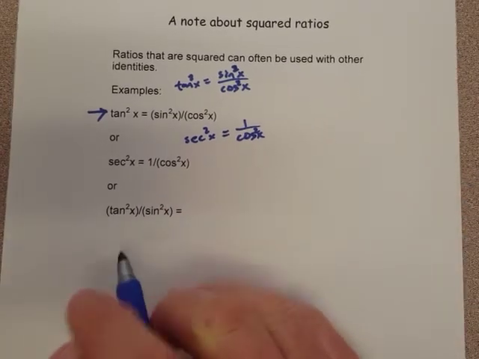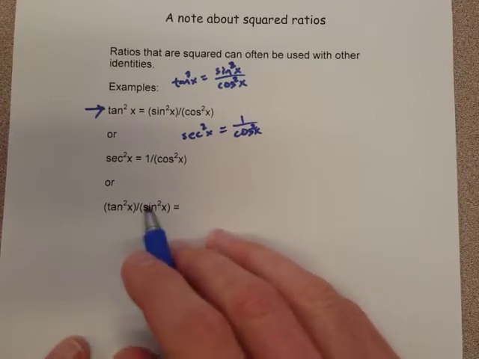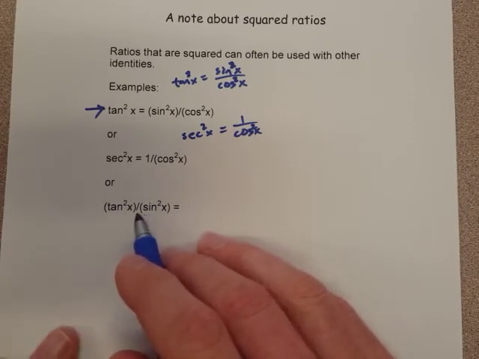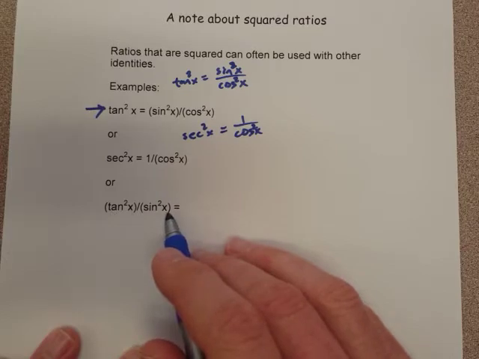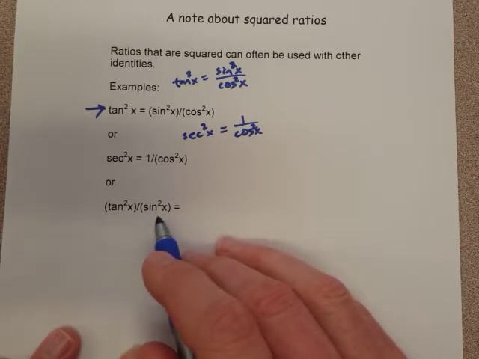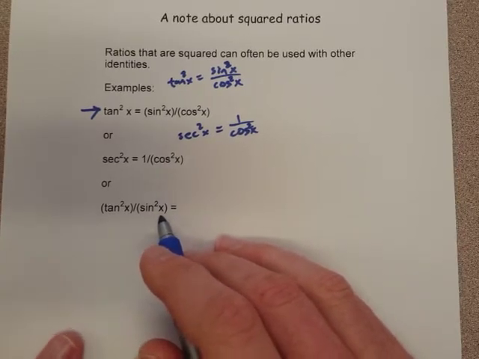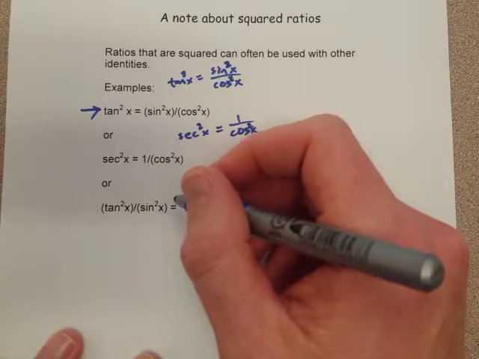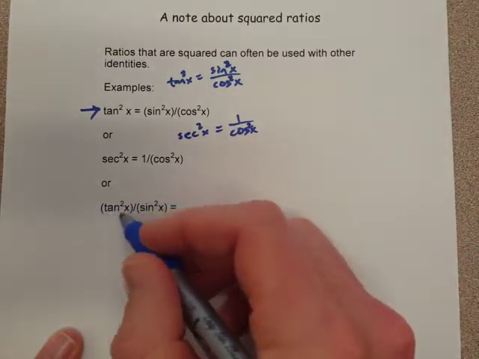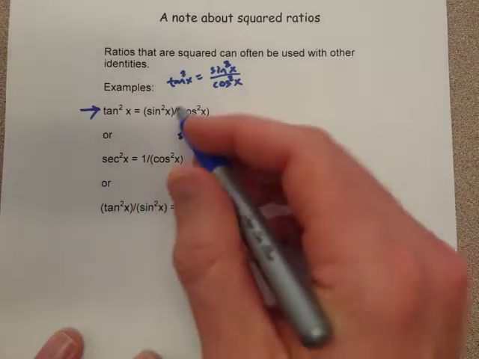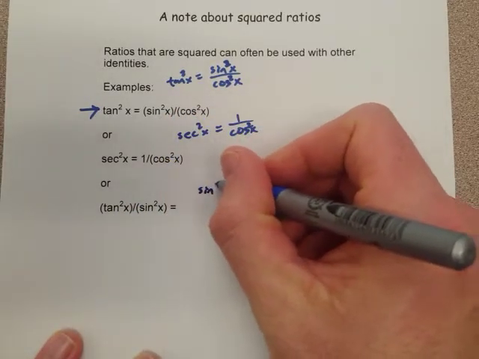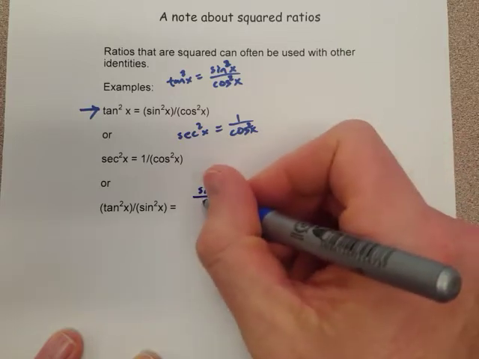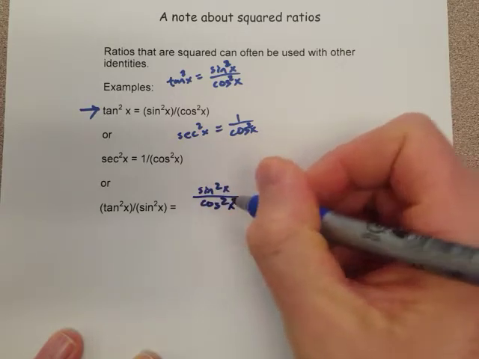And then this last one here, just to reiterate what that all means, if we have tangent squared divided by sine squared, let's see what that would look like in this case. So if we go tangent squared divided by sine squared, well, we can replace this tangent squared with what we just looked at up here. I can replace that with sine squared over cosine squared.